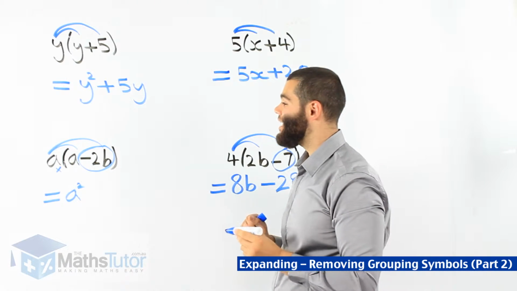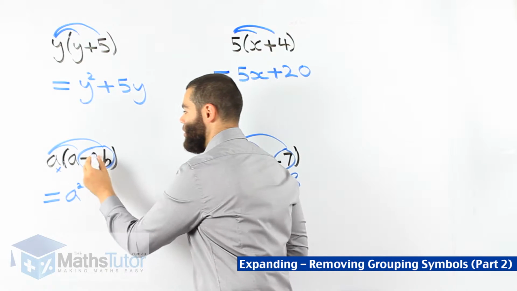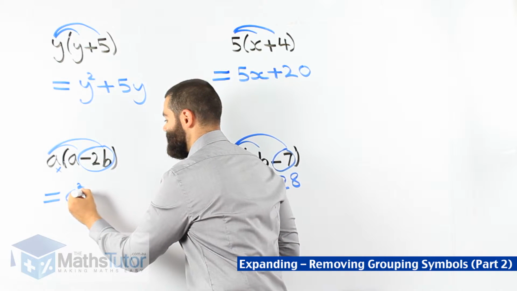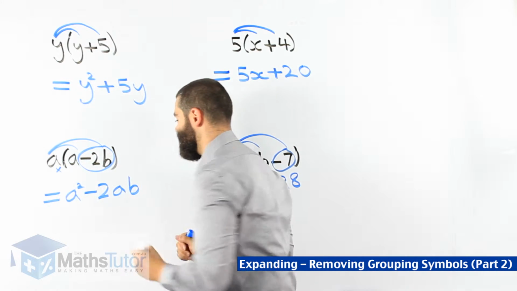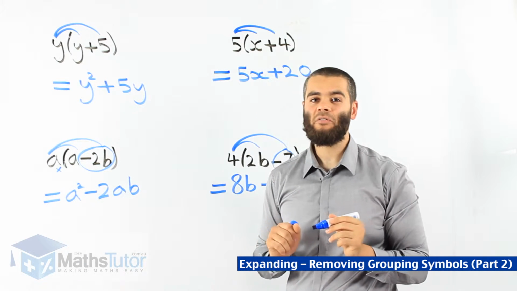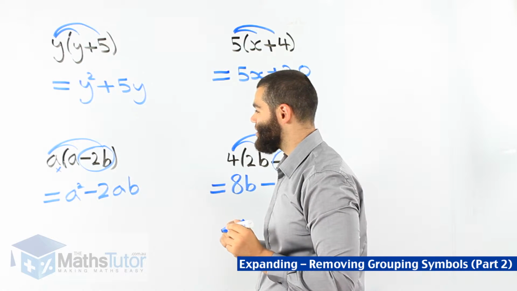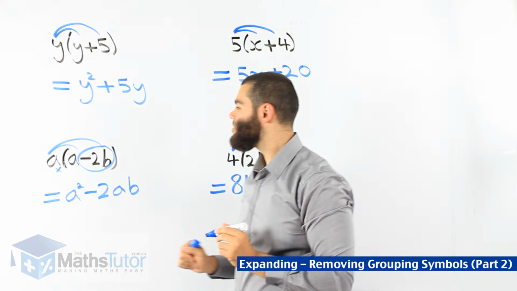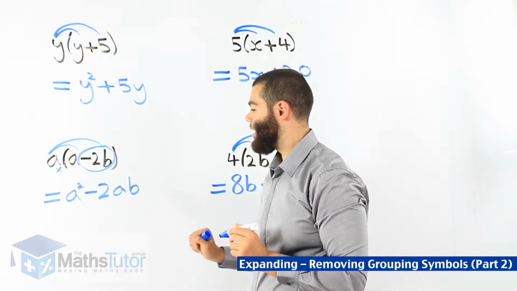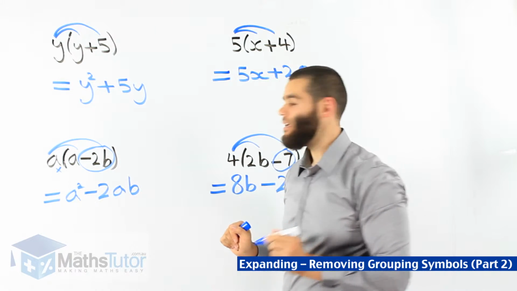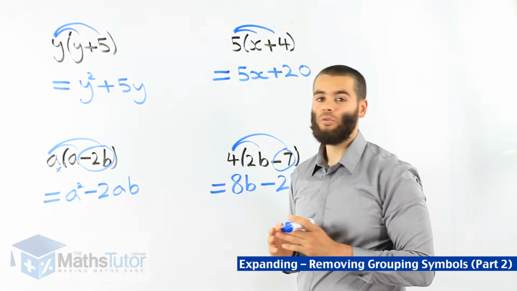A times negative 2b is negative 2ab, or negative 2ba. Doesn't really matter as long as you write it down correctly. So our final answer for that is a squared minus 2ab.